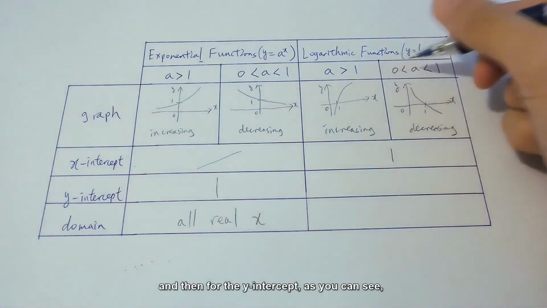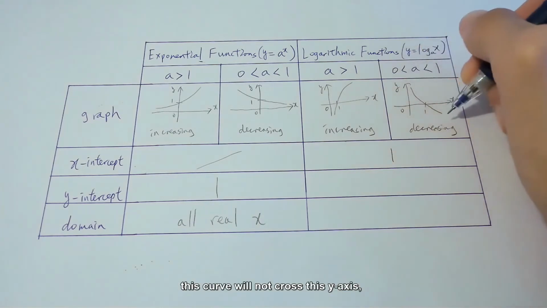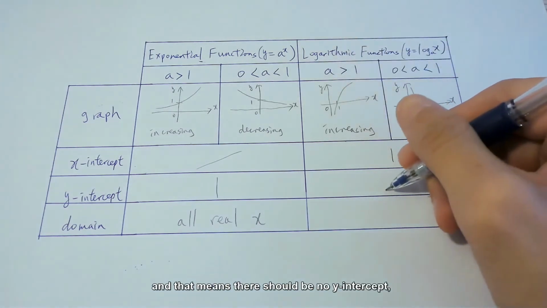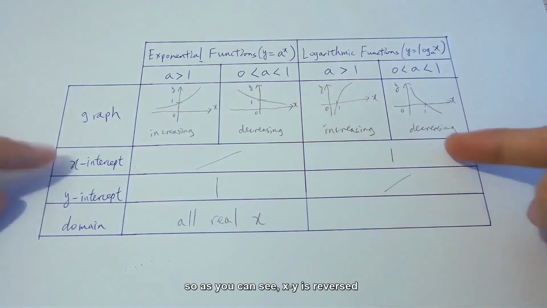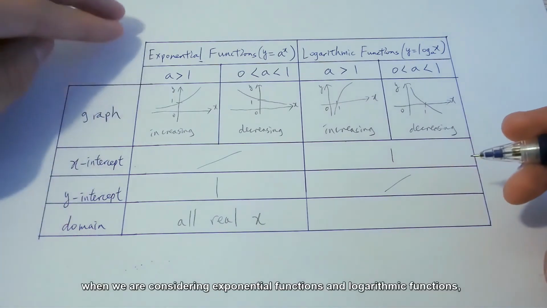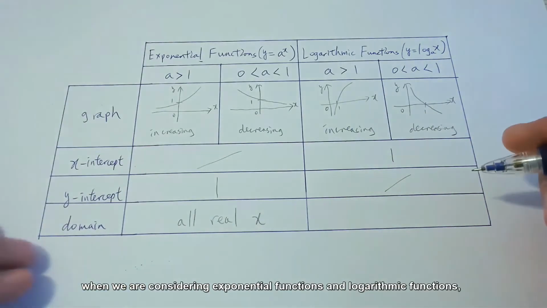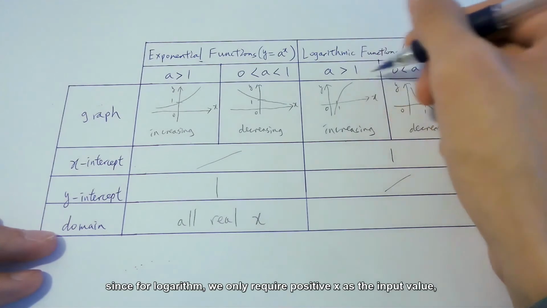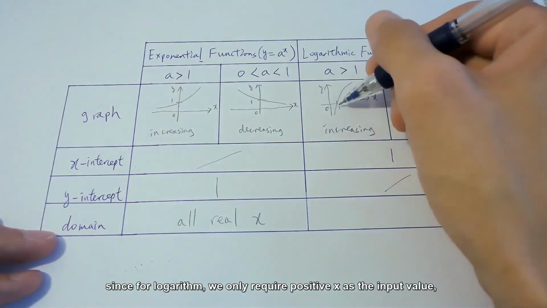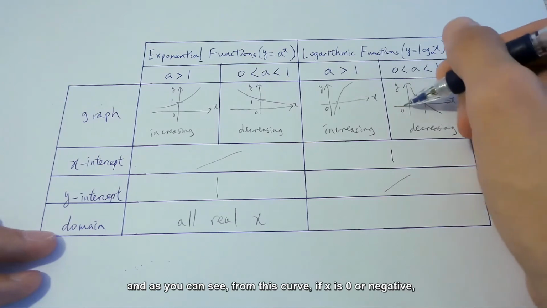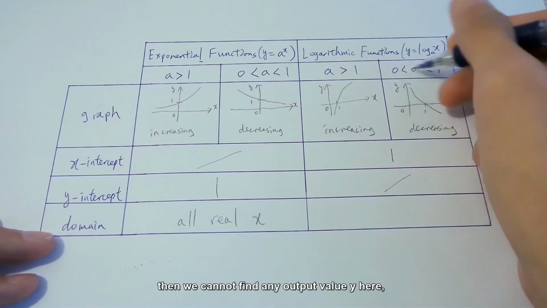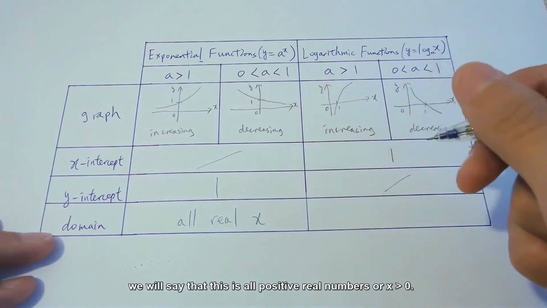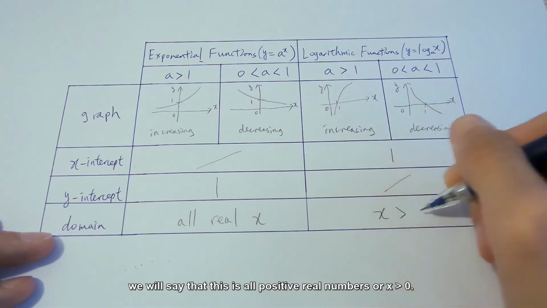And for the y-intercept, this curve will not cross the y-axis, and that means there should be no y-intercept. So as you can see, x and y are reversed when we are considering exponential functions and logarithmic functions. And for the domain, since for logarithm we only require positive x as the input value, and as you can see from this curve, if x is 0 or negative, then we cannot find any output value y here. So the domain is all positive real numbers or x bigger than 0.